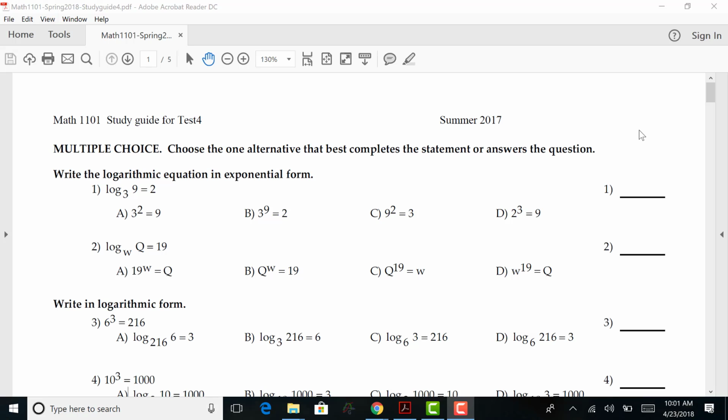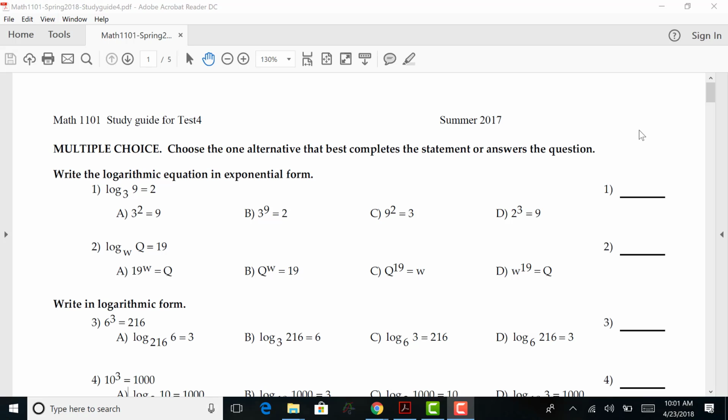So number 1, write the logarithmic equation in exponential form. It says log base 3 of 9 equals 2. What method am I going to use to rewrite this in exponential form? Circle method. So I am going to draw my circle starting where? 3.